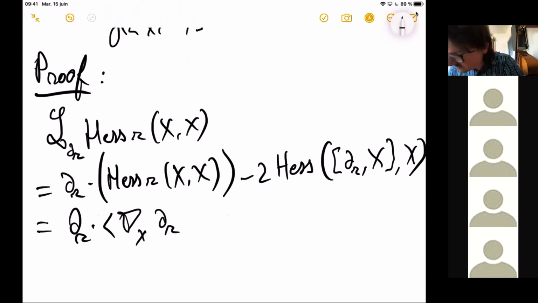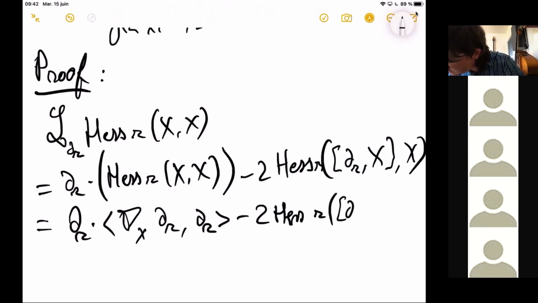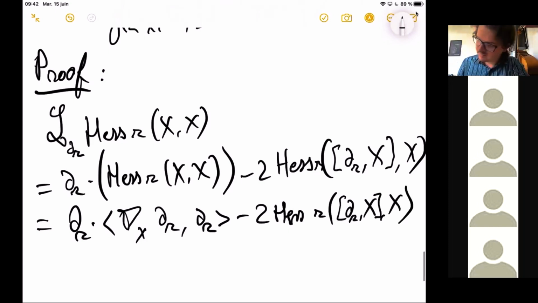Okay, so this is the derivative of nabla x dr. I don't think I'll do the full computation. I'll just show where the curvature appears here, and then you can finish afterwards. The Hessian of r, sorry, Hessian r of drx, x.